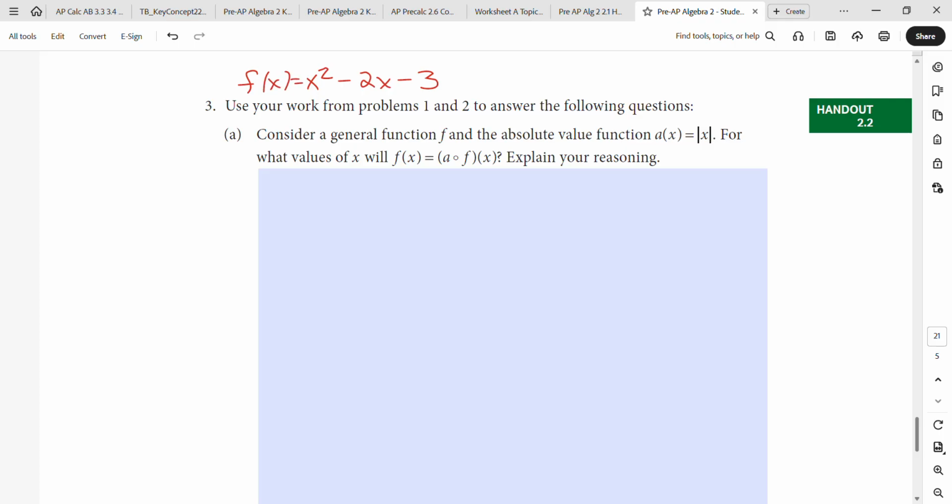and I plugged it into a of x, it's saying where does x squared minus 2x minus 3, since that's my f, where is it equivalent to the absolute value of x squared minus 2x minus 3? That's what it's asking.